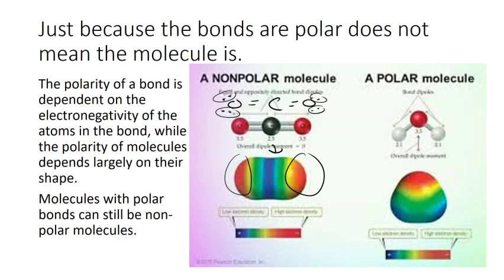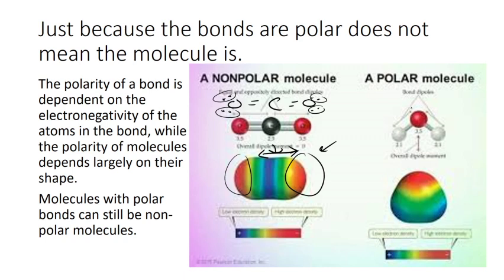But because this is equal here on both sides, you've got oxygen on both sides, they're pulling equally in opposite directions. This molecule is not polar despite the fact that it does have two polar covalent bonds in it.